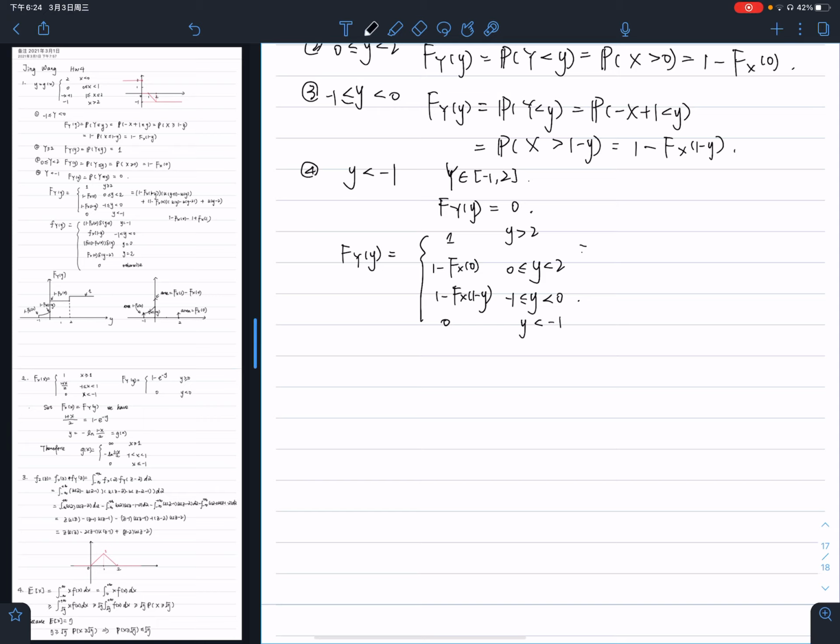If we represent it with the step function, it can be formulated with only one function.